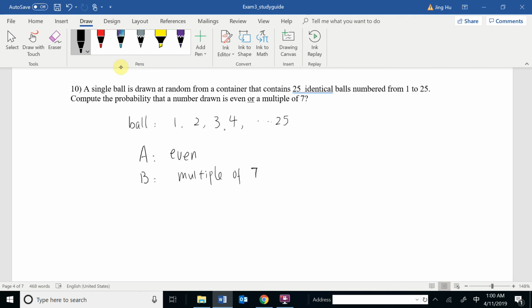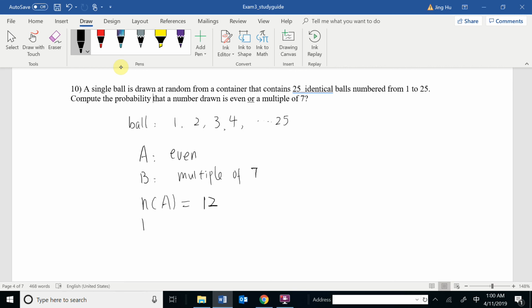So now let's count. Among 1, 2, 3, 4, 5, up to 25, the even numbers are 2, 4, 6, 8. So we actually have 20. Oh no, 12. So total 12 balls are numbered with an even number.